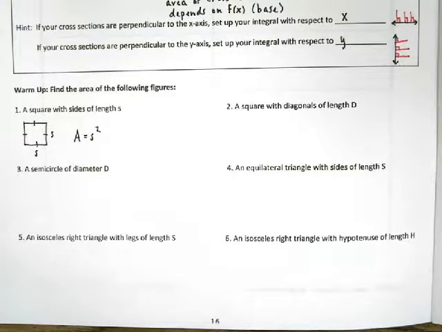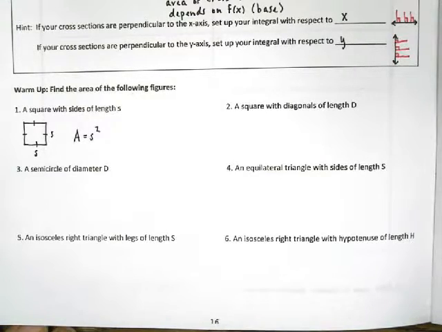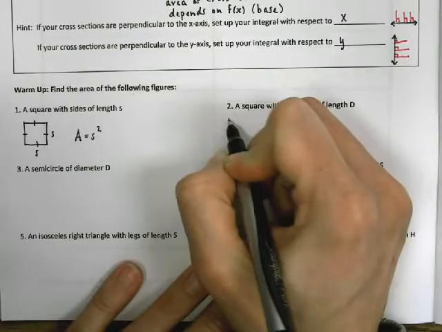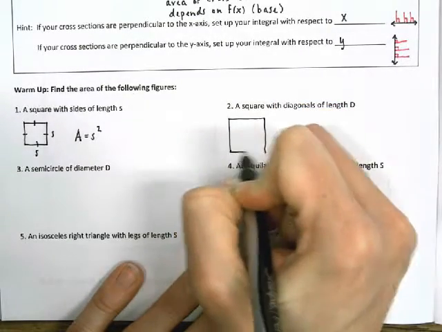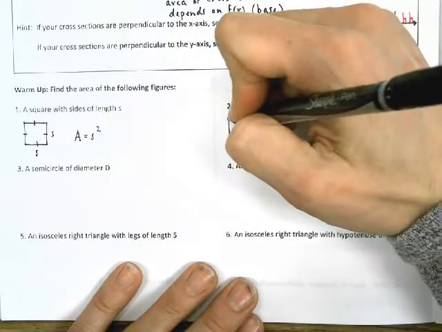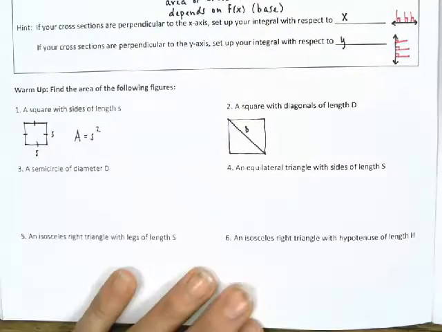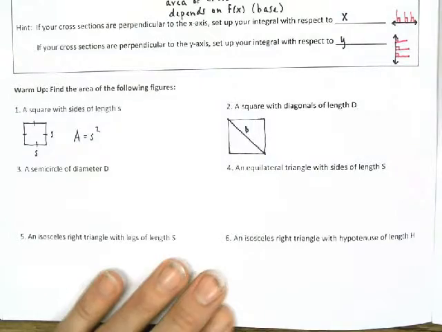Now, something a little different is a square with diagonals of length d. So let's think about what we have here. I have a square, and I know its diagonal is length d. So let's see what else we know.